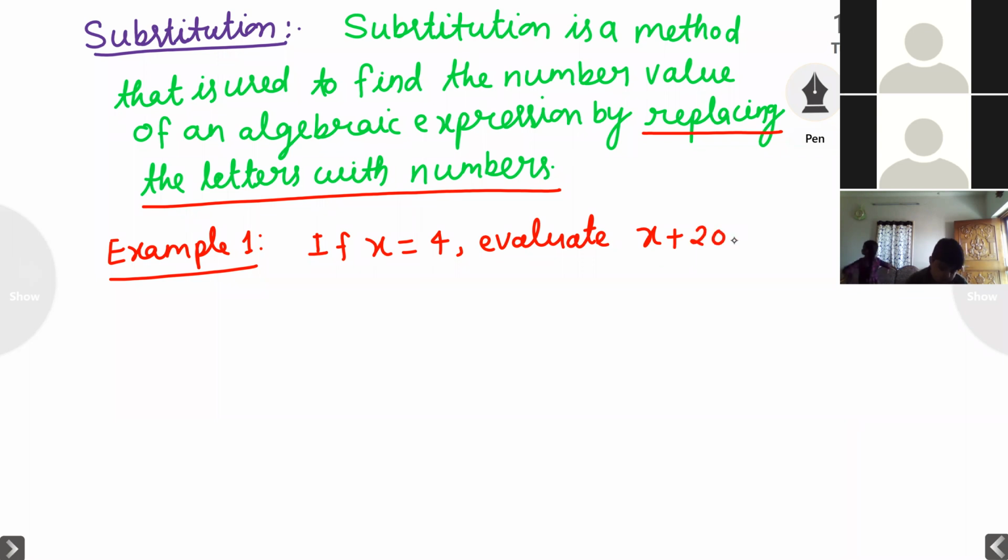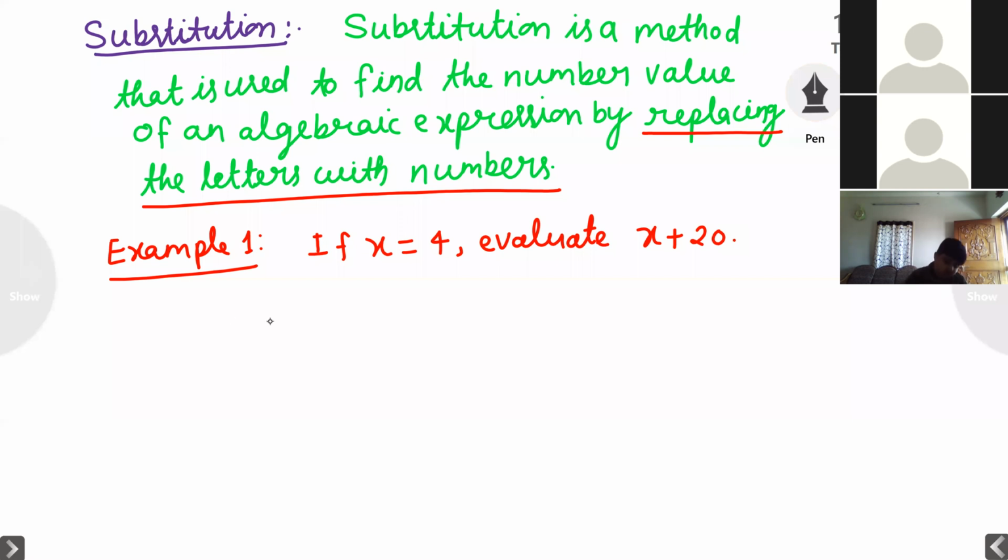In this question, he has given the expression x plus 20 and the value of x as 4. It means I want to find the value of x plus 20 when x is 4. Very simple question.